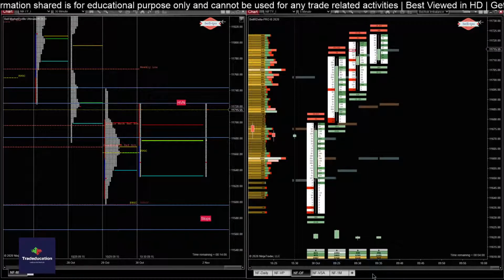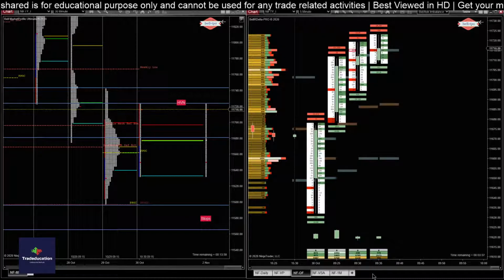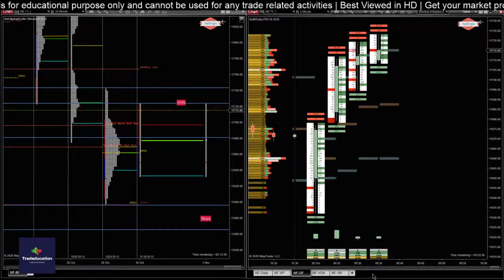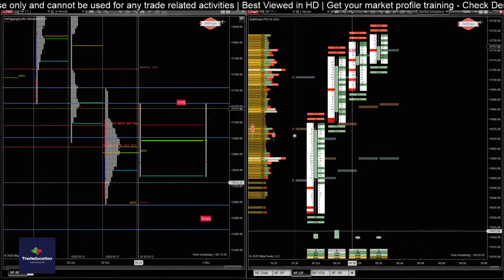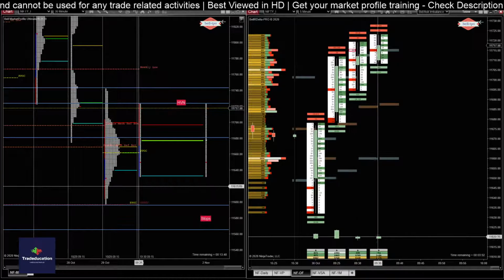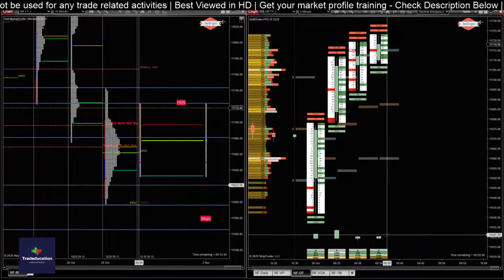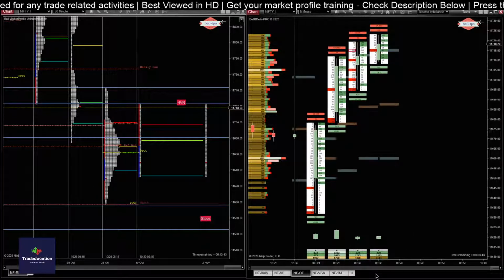Seeing some sort of rejection now. So now I'm expecting some sort of choppy action. So here from delta you can see there are some sellers stepping in. So now positive delta should be reducing.